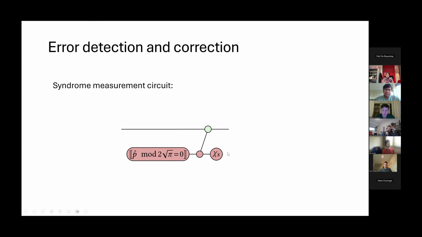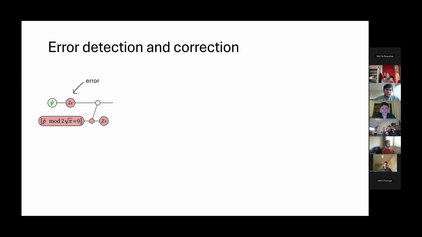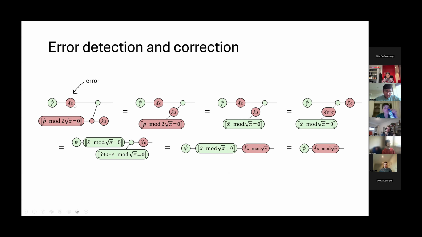And you can see that this actually does detect the error. If you have a state in your logical subspace, psi, and an error happens, let's say a shift by chi sub epsilon, then after some rewrites you can show that this error is the same as your measurement output S modulo square root of pi.